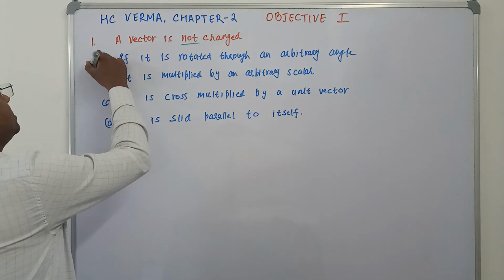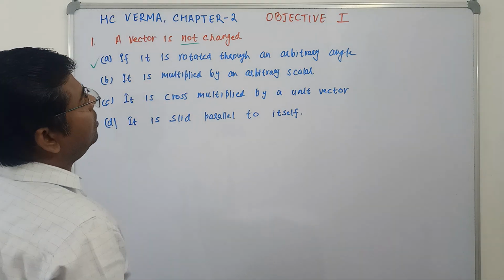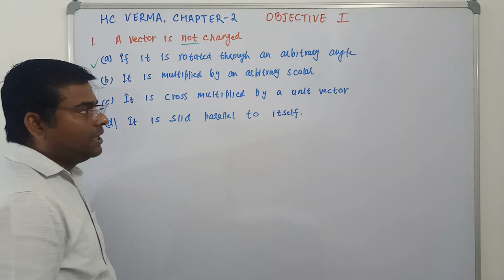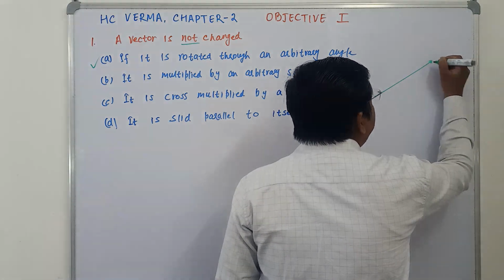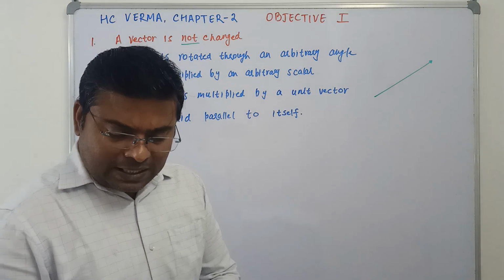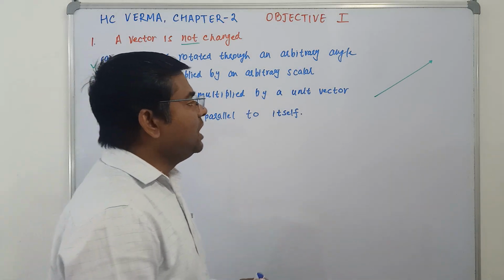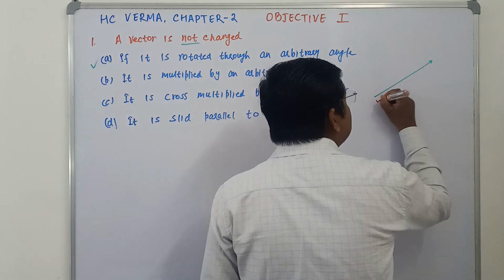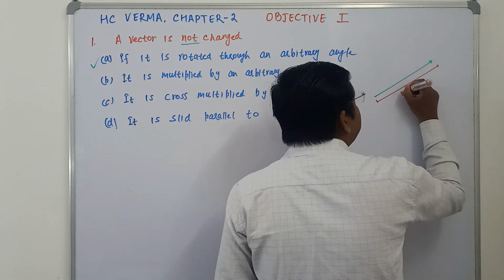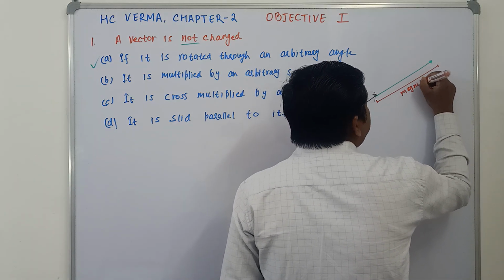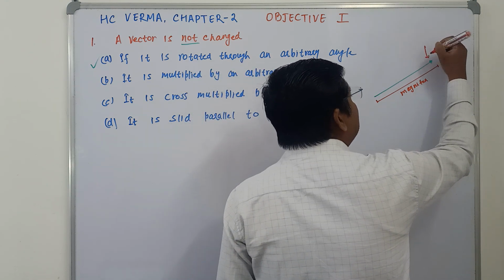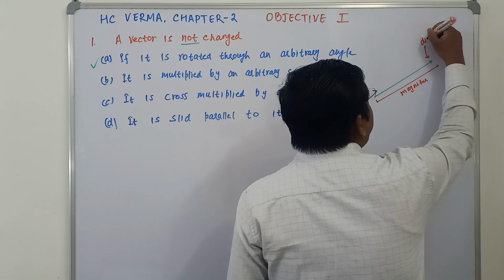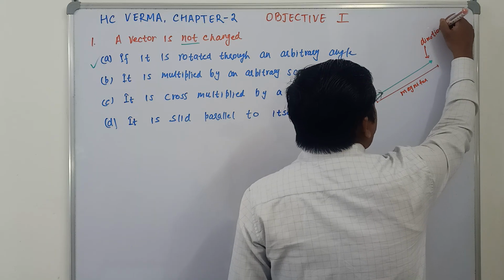So first, if it is rotated through an arbitrary angle. See here, a vector is defined by an arrow, in which the length of the arrow is the magnitude and the direction of the arrow is the direction of the vector.